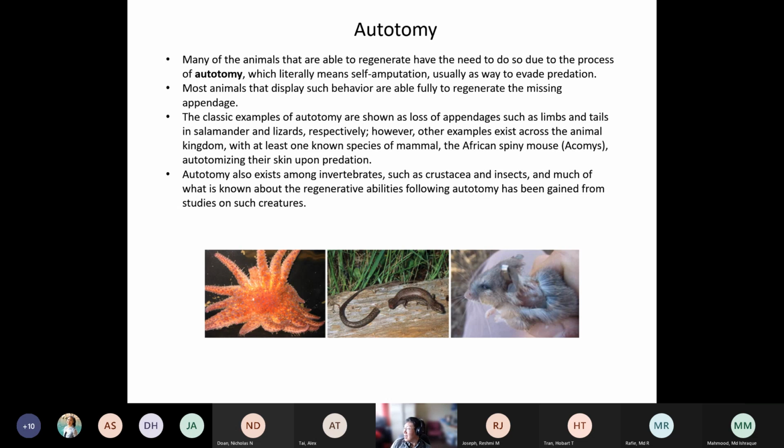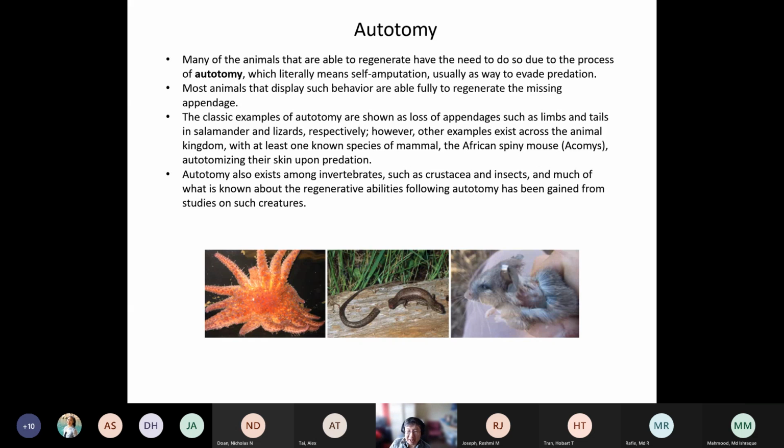A very interesting observation is that in higher mammals, such as mice, here we show a mouse called the African spiny mouse, or Acomis is the name for this mouse. They can autotomize their skin. That is very strange. When they face danger and get captured by their predators, they can remove a big chunk of their skin and then escape.